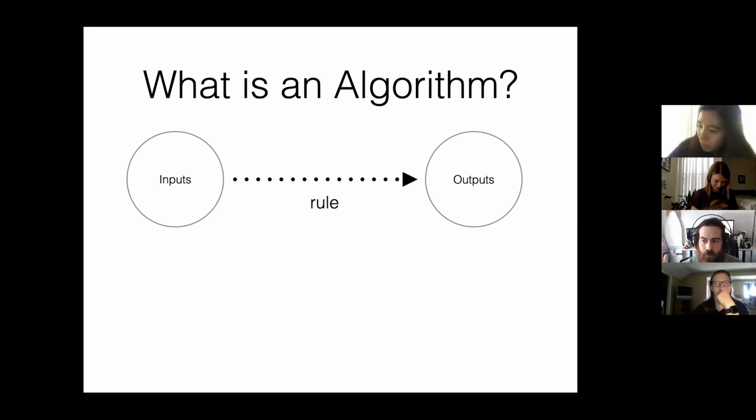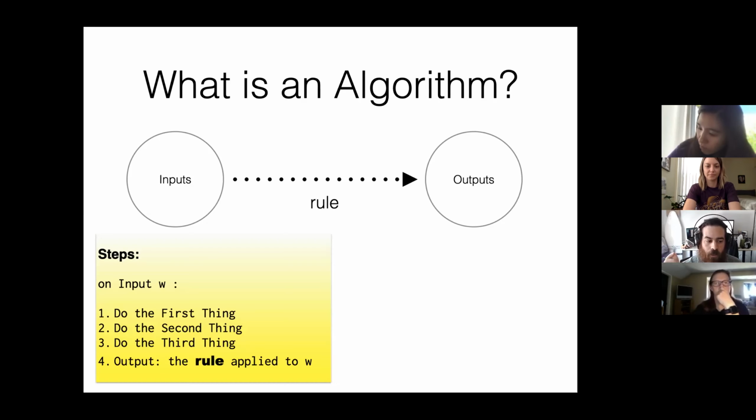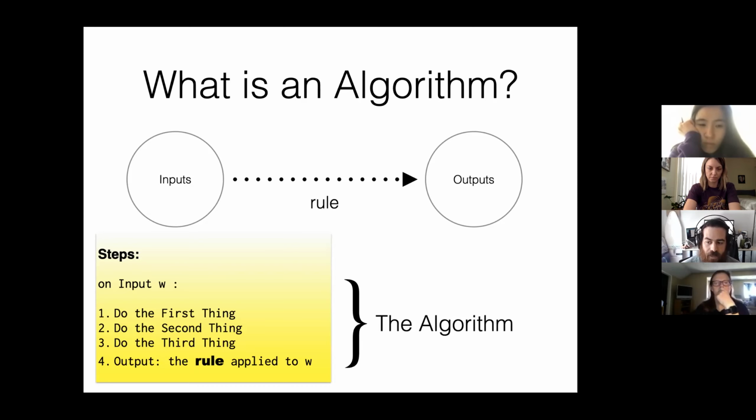If I tell you to sum up an array, you can easily imagine, okay, I write a loop that adds together the first element, the second element, so on and so forth. But that's not the rule itself. That's how you do the rule. An algorithm is the precise specification of steps that actually execute the rule. The rule is the what, the algorithm is the how. Okay?